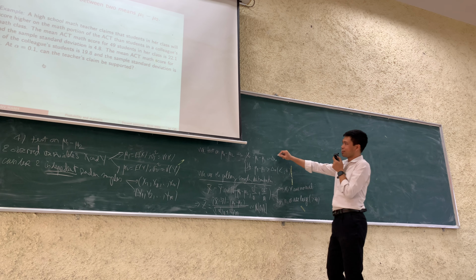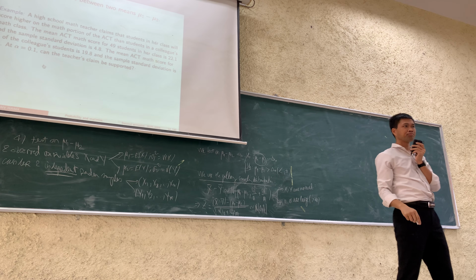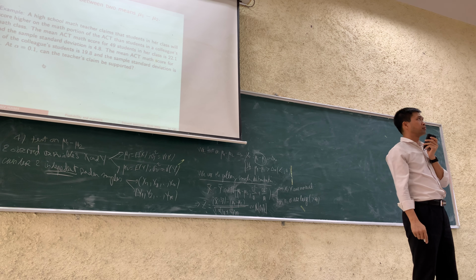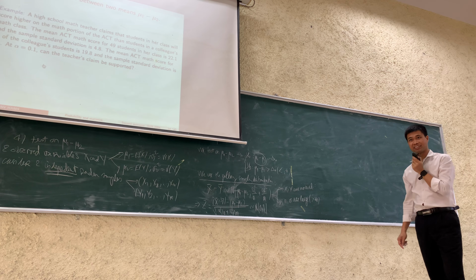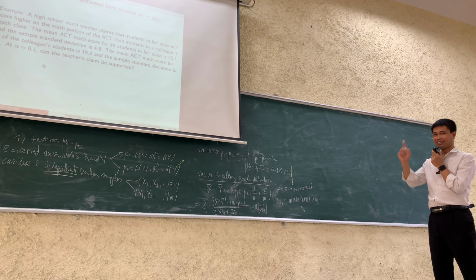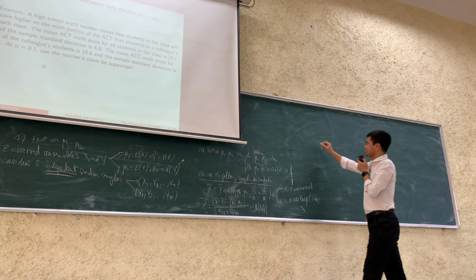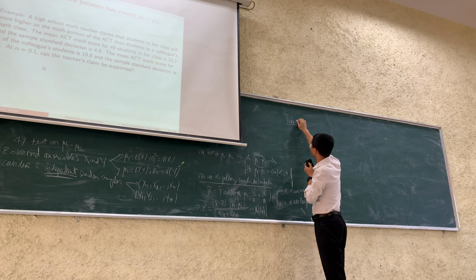Okay, so when we test on mu 1 minus mu 2, in fact, in total there are several cases. But we only study three cases. What are they? What's case 1?